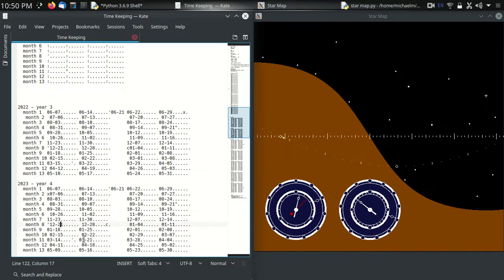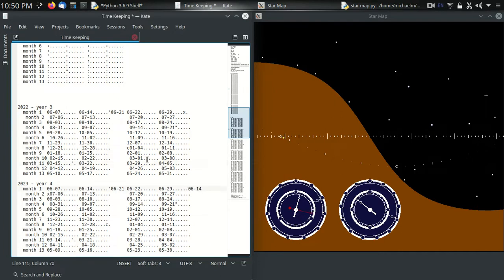And then over here we're getting the spring equinox just like 2 days off of that first day of that week. So pretty close, pretty close.